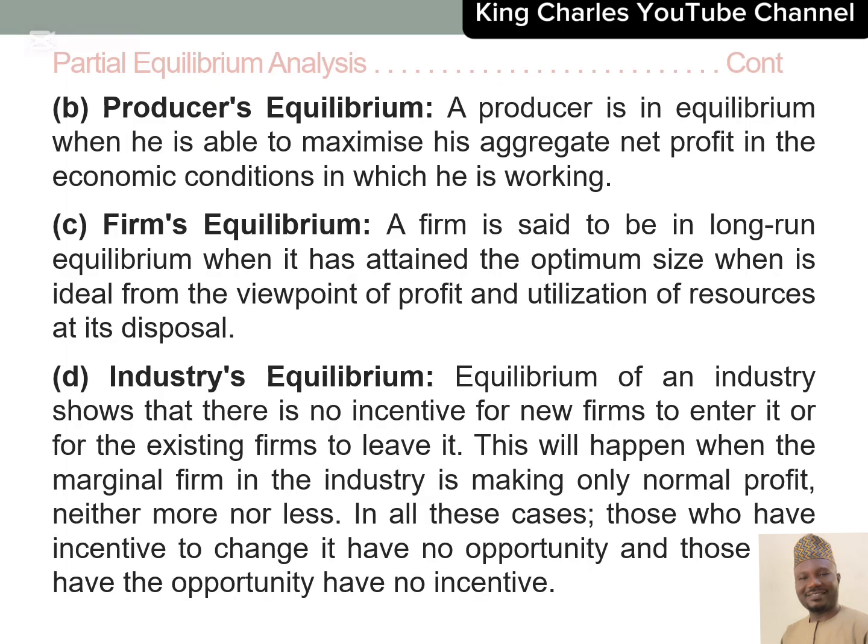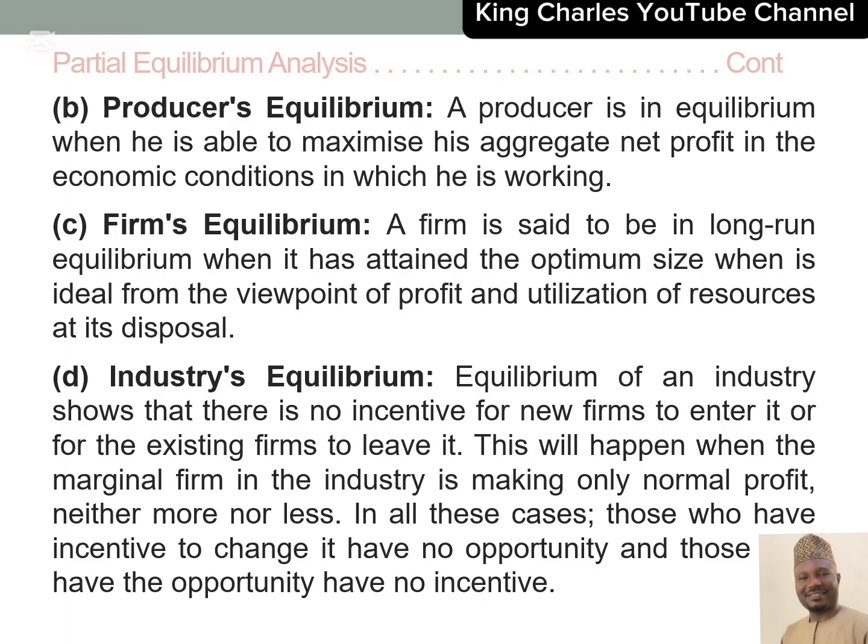Now, the producer equilibrium and the firm's equilibrium are one and the same, because at the point of equilibrium, the firm or the producer is making profit while utilizing the available resources at its disposal.